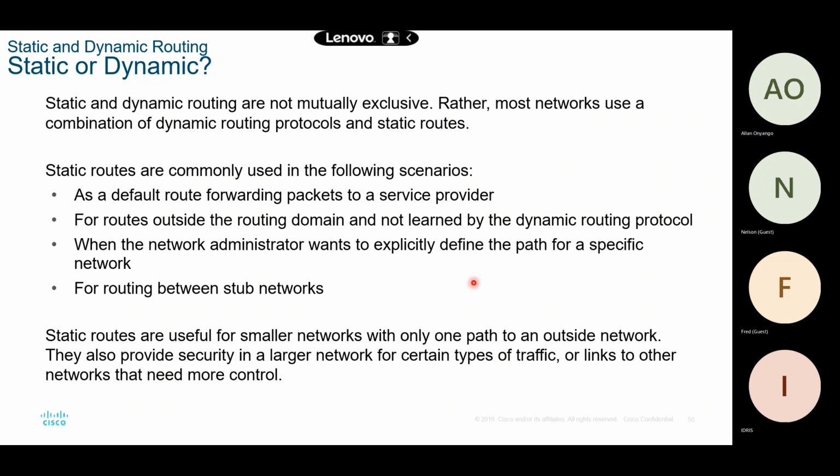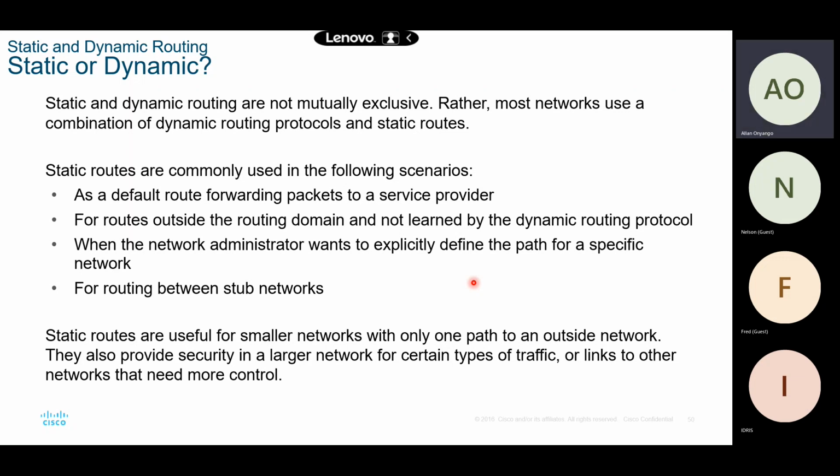Sometimes you want to route to a network that only has one outlet, meaning only one connection to the internet. Static routes are one of the best choices here. Static routes are also very useful in smaller networks, though both static and dynamic can be used in smaller networks.